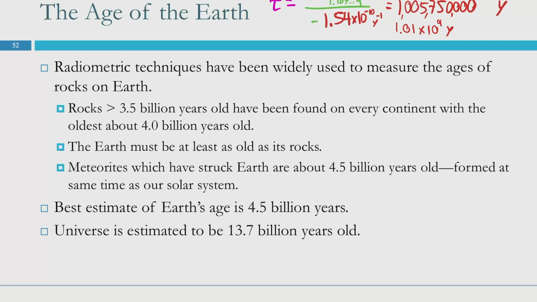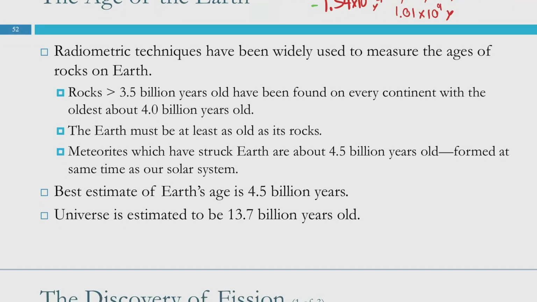Radiometric techniques, radio dating, has been widely used to measure the age of rocks on Earth. Rocks with ages more than 3.5 billion years old have been found on every continent, with the oldest being about 4 billion years old. Presumably, the Earth must be at least as old as its rocks. The Earth must have been here before the rocks, I guess the idea is. Makes sense to me.